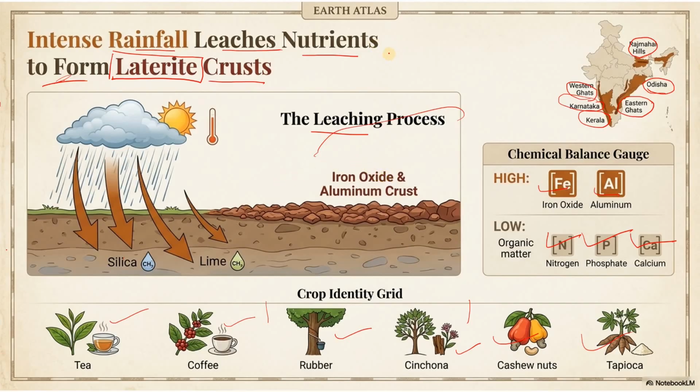Okay, and according to USDA soil taxonomy, the laterite soils are also called the oxisol and the ultisol.